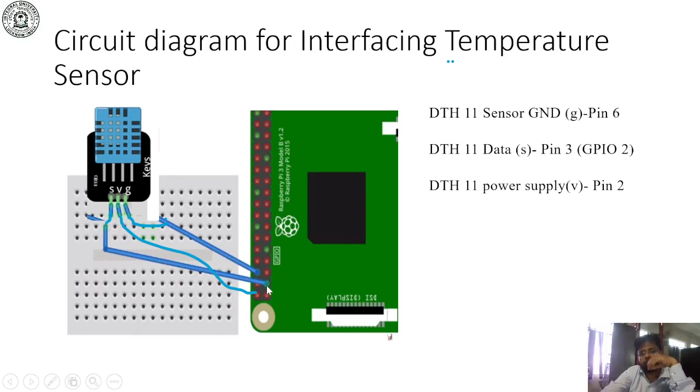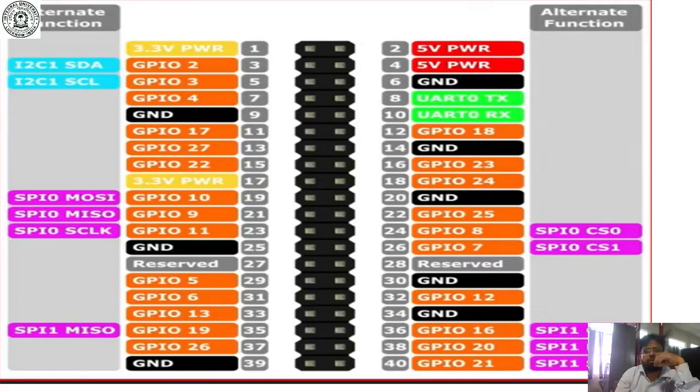This is pin number 3, which is GPIO pin number 2. You can connect to any GPIO pin. Instead of pin number 3, you can use pin number 5, pin number 7, any GPIO pin for getting the input from the DHT sensor.